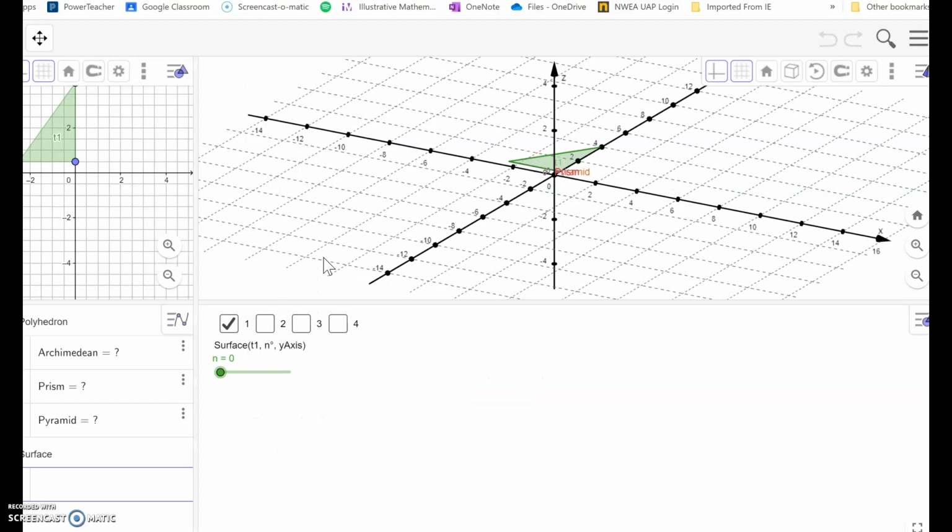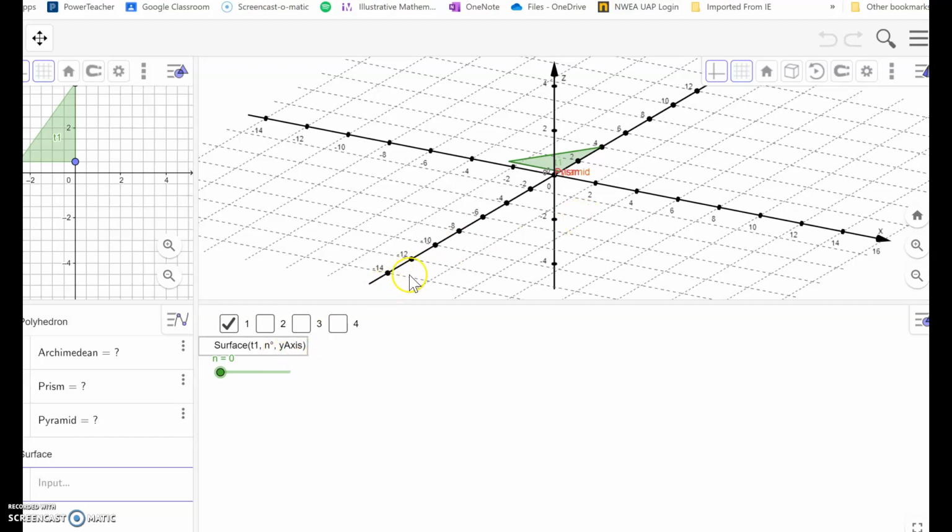And here it comes. Our first question was, do not move the slider. Notice that the surface command for each figure specifies which axis will be used to rotate. So that is right down here. It tells us we're going to rotate figure 1, T1, n degrees, however many degrees that rotation is, and we want to rotate it around the y-axis.